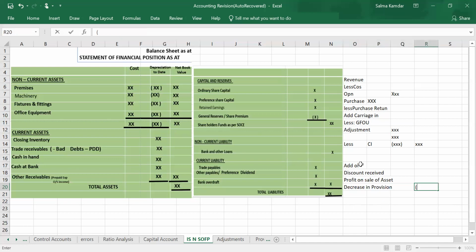How do you get a decrease in provision? If your old minus new is positive, then you write it here. These are the unusual items I'm highlighting so that you remember.